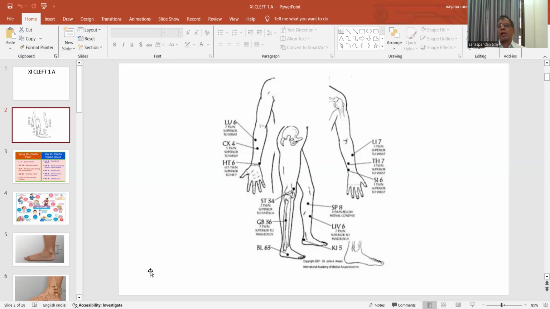In the upper extremities, there are two polarities, one yin and one yang. The yin meridians are pericardium 6, pericardium 4, LU6, and heart 4, heart 6.